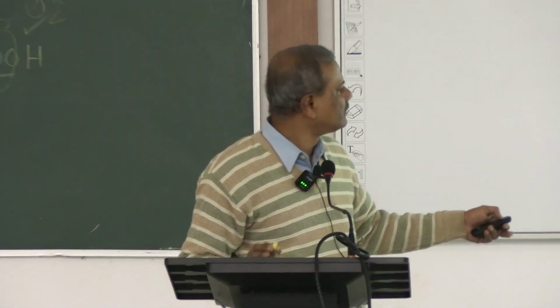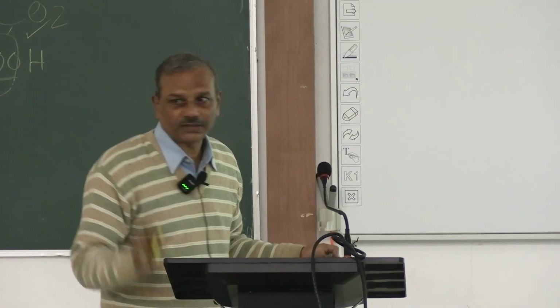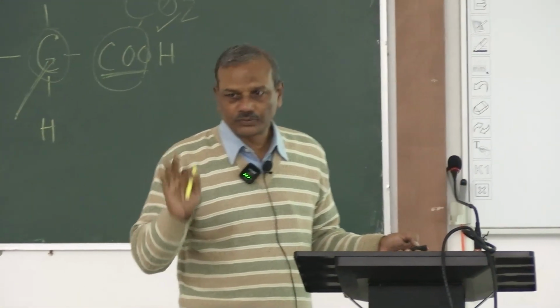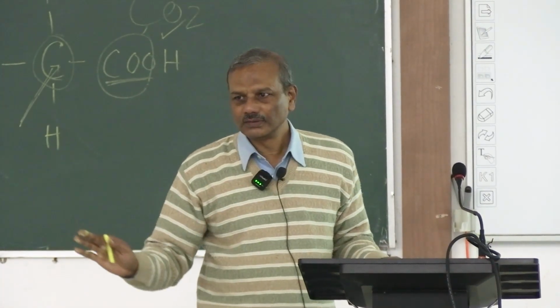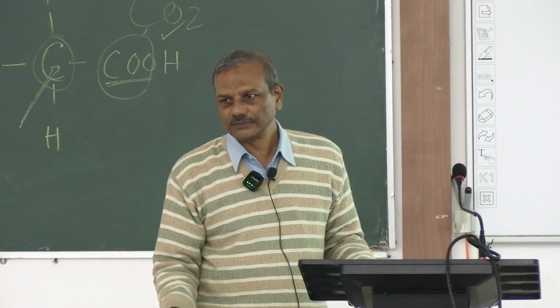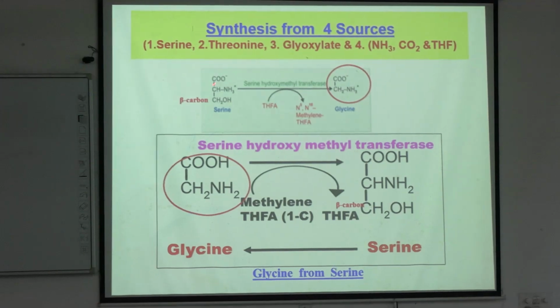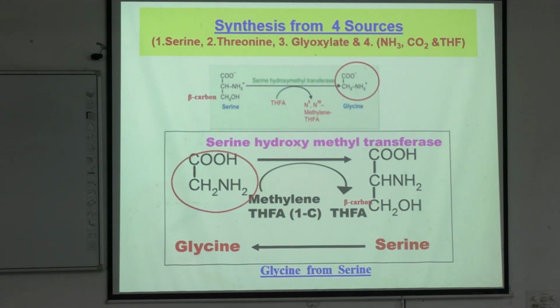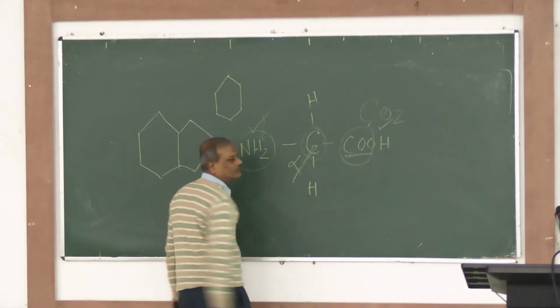Now, I am showing it. Synthesis from 4 sources, as I told you, basically 5 sources. One is protein breakdown, that I am not covering, because by default it will be produced. Second is serine. You see, the carbon which is attached to the carboxyl group is called alpha carbon.